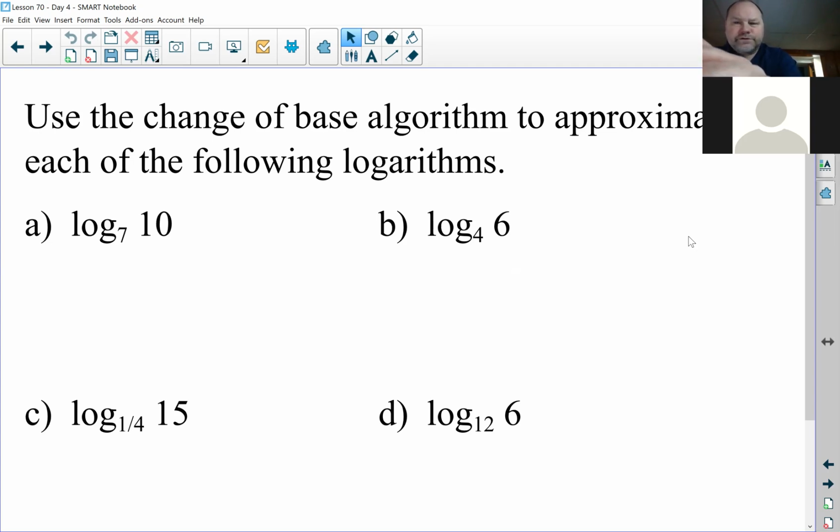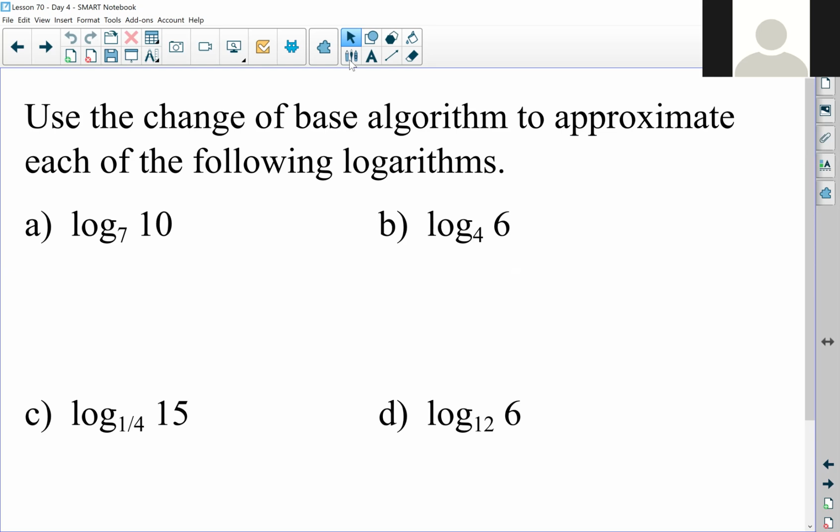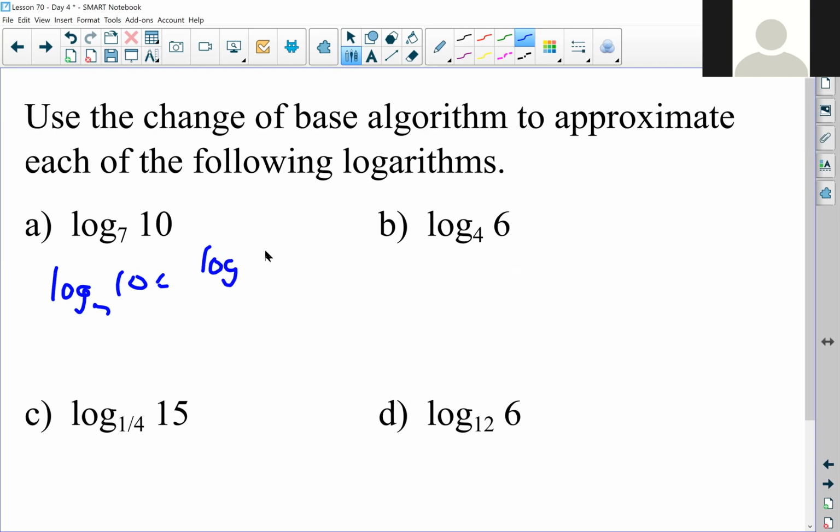So what we're going to do is use our change of base. Log base 7 of 10 is going to be the same as log of 10 divided by log of 7.